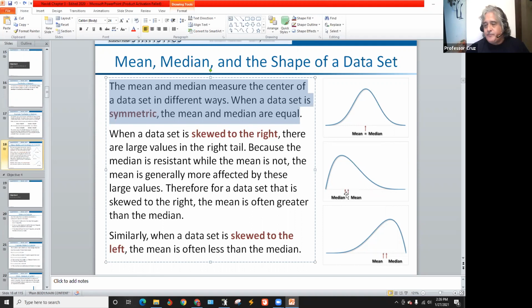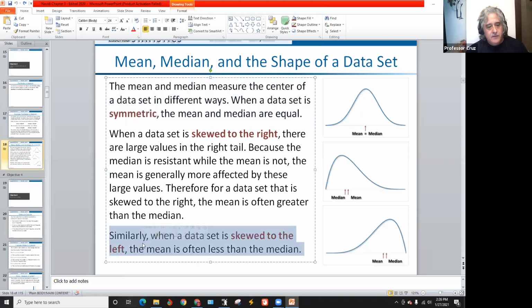But the median doesn't get pulled nearly as much. Same thing, if we had a really small value in a data set, then it gets skewed to the left, and the mean is going to be less than the median, because an extremely small value will skew your data down. All right, any questions?